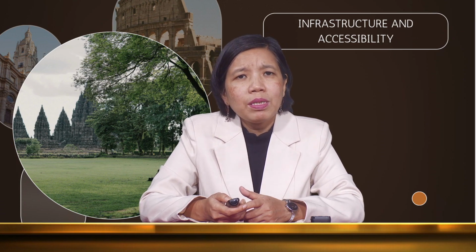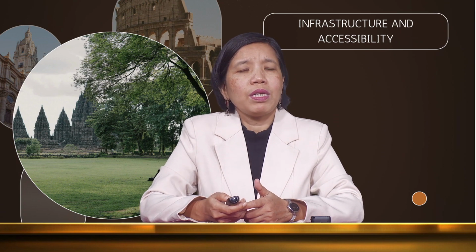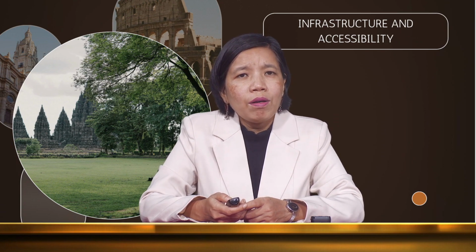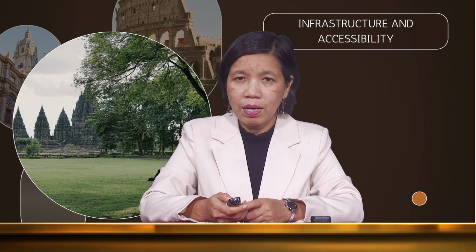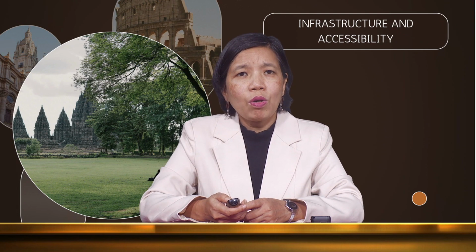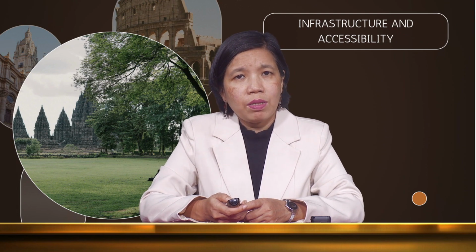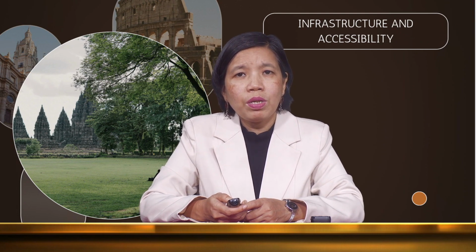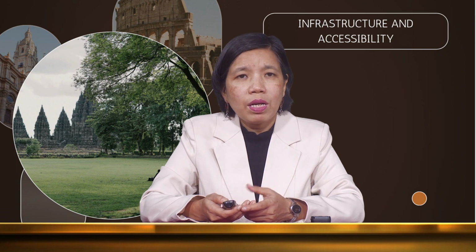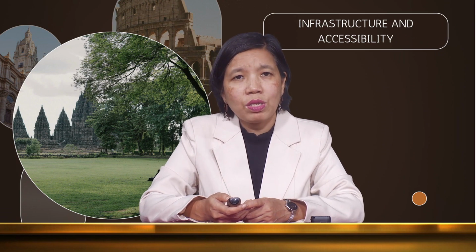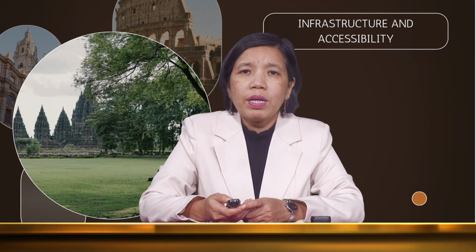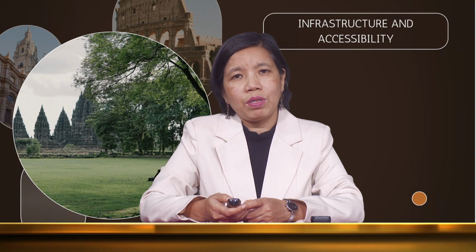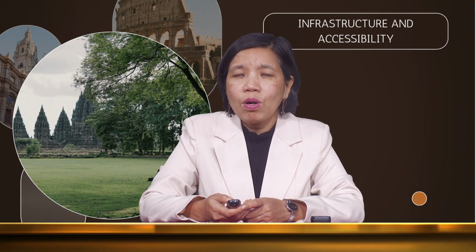The key elements that the definition of accessibility includes are physical access, which implies the possibility of reaching and entering heritage spaces; cognitive and experiential access, which refers to the ability to interpret, to understand, and to emotionally connect with heritage; design and planning dimension, which refers to accessibility achieved through thoughtful architectural and urban interventions, for example, itineraries or site planning.